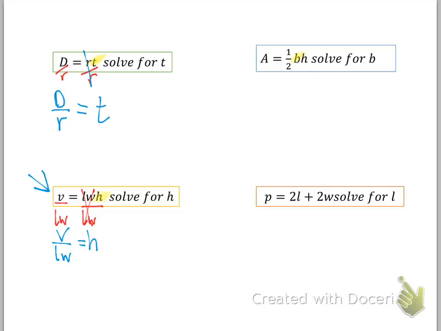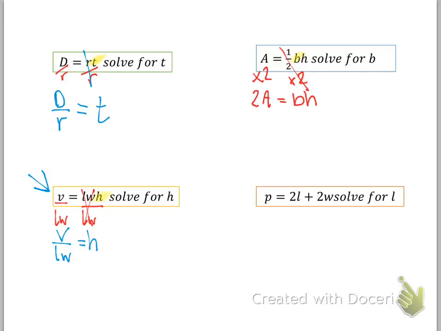In this case, I'm going to multiply by the reciprocal because it's going to be cleaner, neater. The reciprocal is 2. 1/2 times 2 is 1, and it disappears. Multiply the other side by 2, that gives me 2a equals base times height.